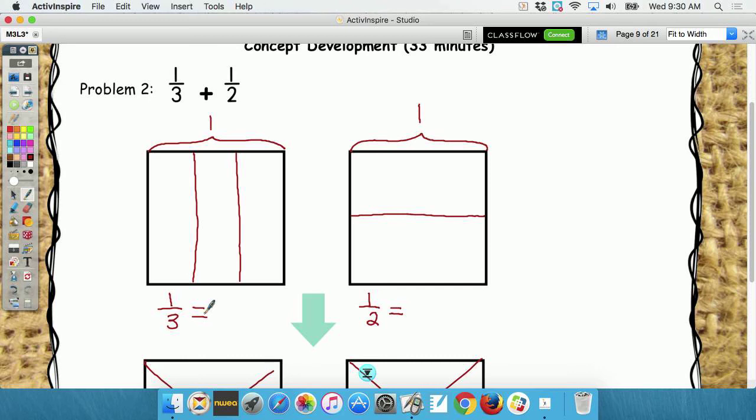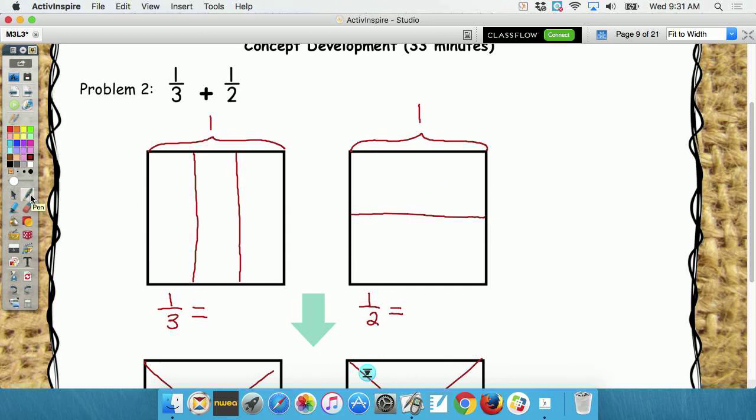Now, this is where kids start messing up because they accidentally draw the second one the wrong way. They accidentally do this. And that's not going to work for this strategy. Ooh, that's bad.